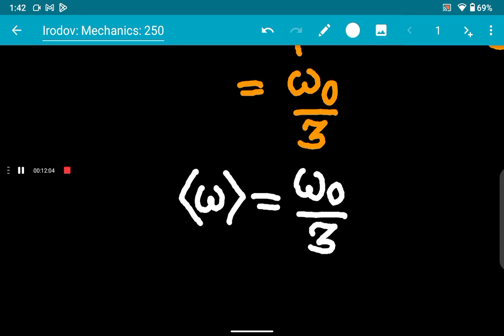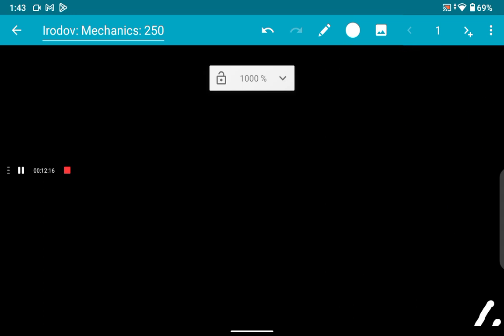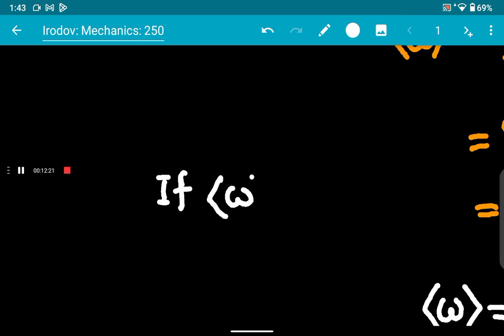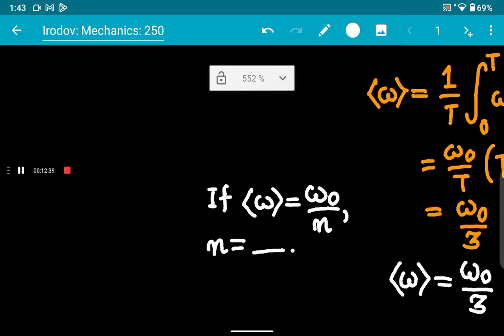So I mean, one more thing, that in exams like JEE Advanced, this question can be asked as, let me just write for you, that if the average value of angular velocity is equal to omega naught by n, then n equals dash. So you have seen blanks like this, right? So these types of questions are asked there.